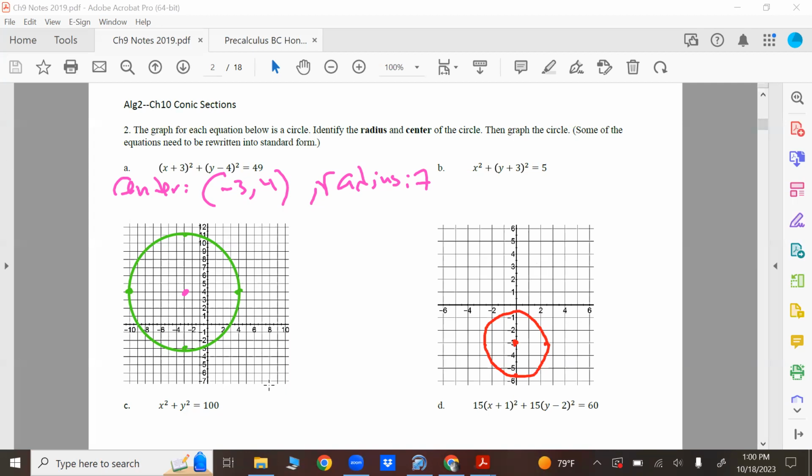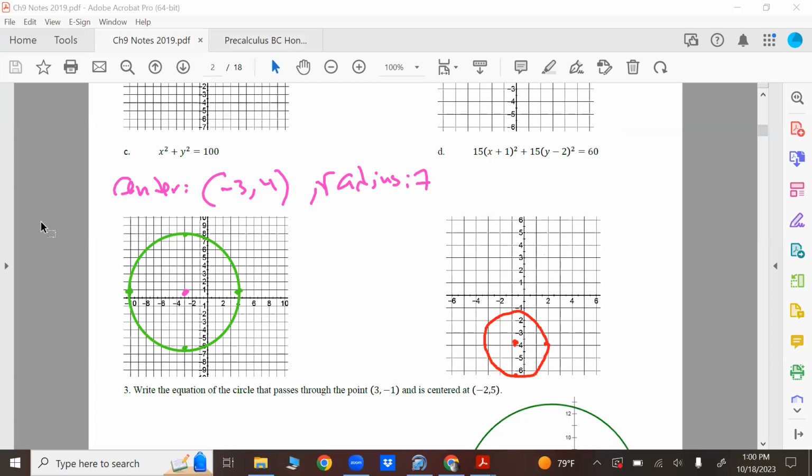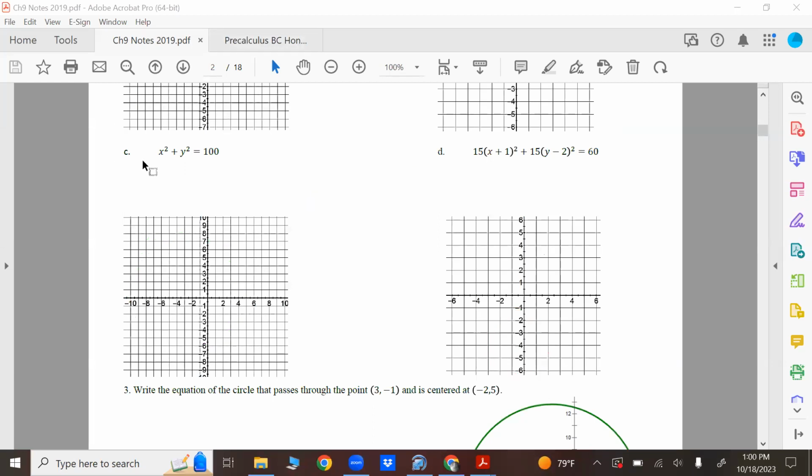And then for C and D, what do we got here? The center 0, 0, 10, 10, 10, 10. Divide everything by 15.